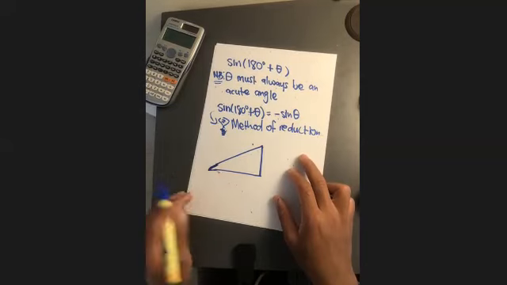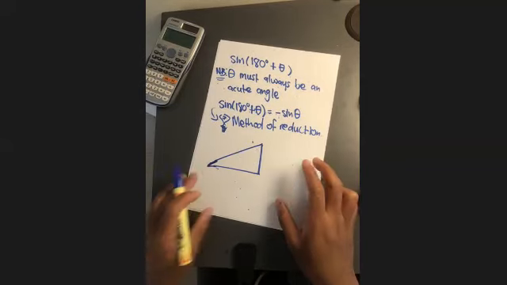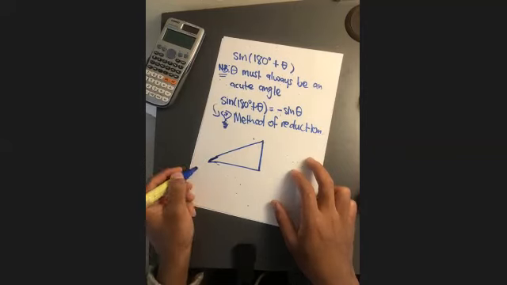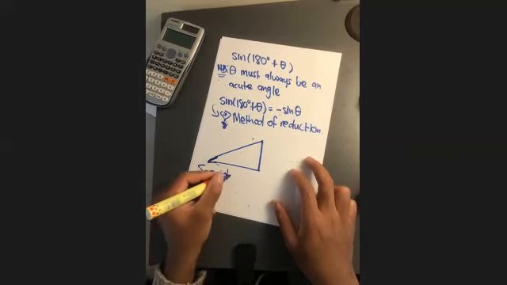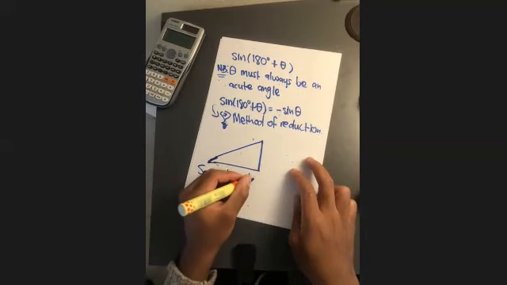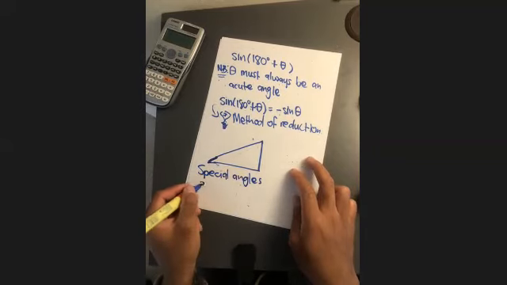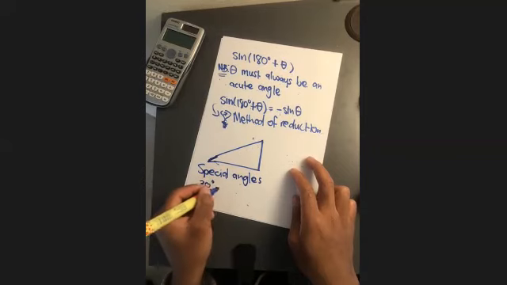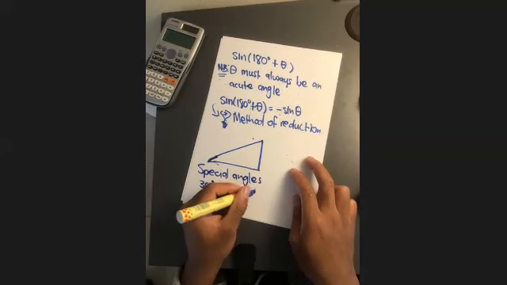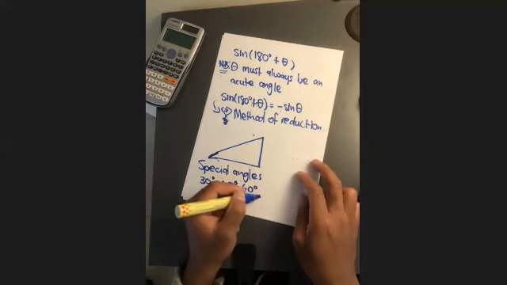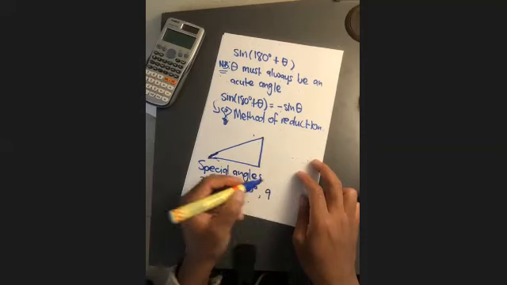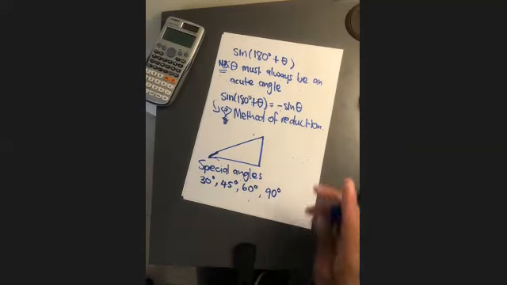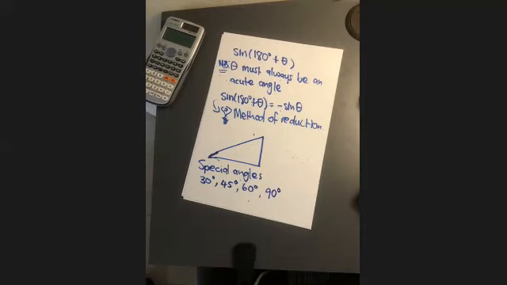Okay, just before I start, let me highlight the special angles that we have in trigonometry. We have 30 degrees, 45 degrees, 60 degrees, and 90 degrees, all part of our special angles in trigonometry.